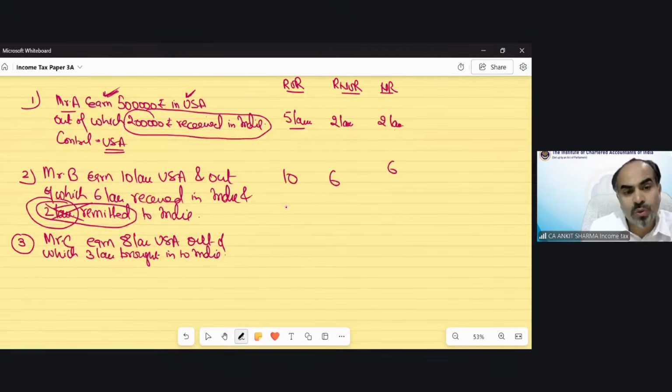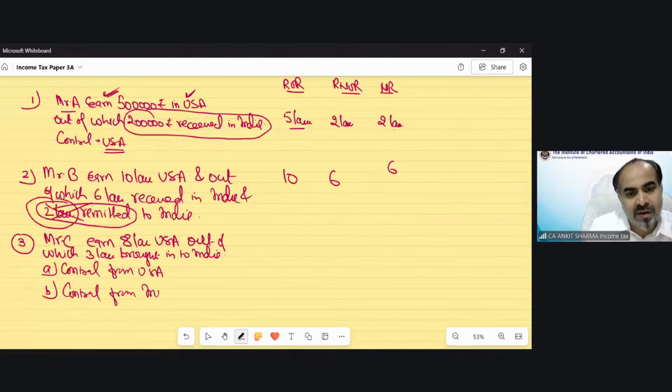Now there are two situations. You have to solve this question in two cases. Suppose control from USA, or suppose control from India. Now on the basis of control from USA, you have to give the three answers, and on the basis of control from India, you have to give the three answers.